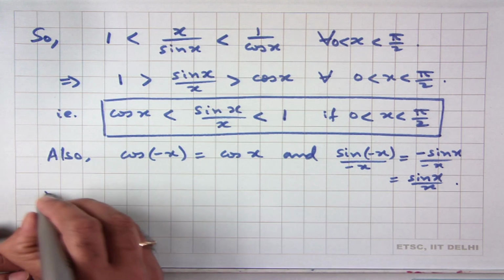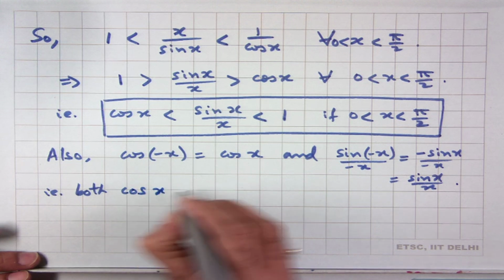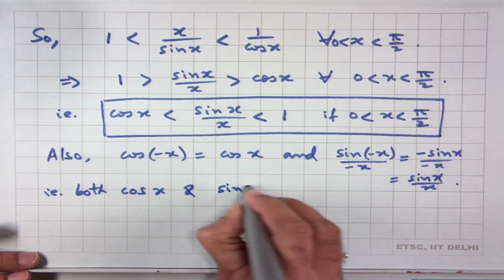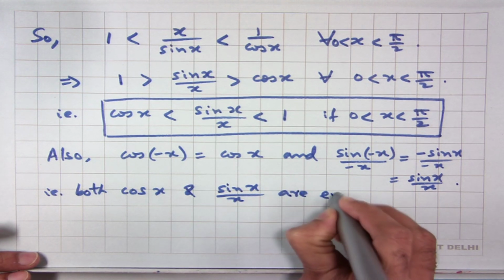That is both cos x and sin x by x are even functions.